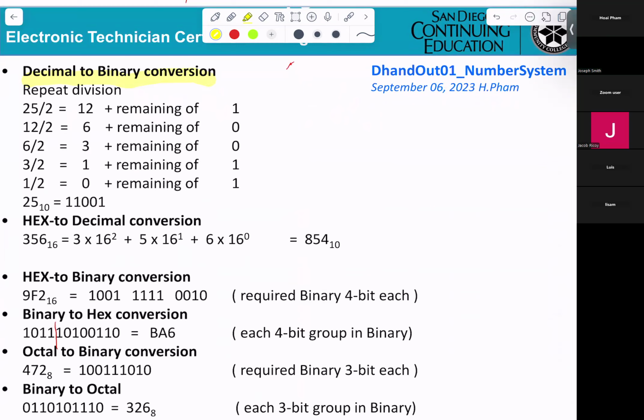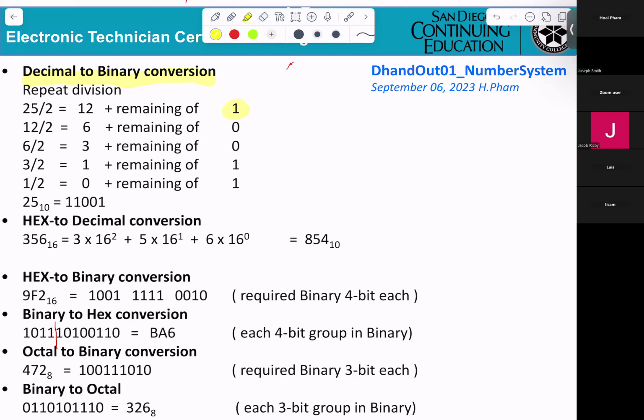First thing you take 25, divide by 2, you get number 12. 12 times 2 means 24. Remaining is 1.